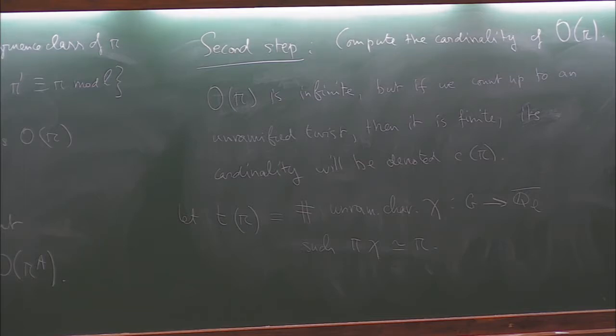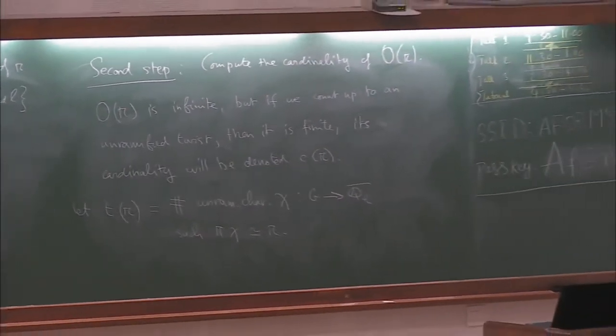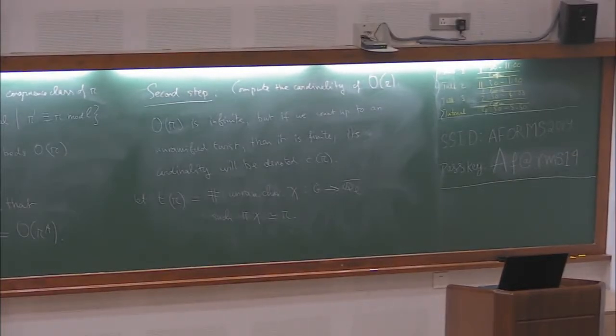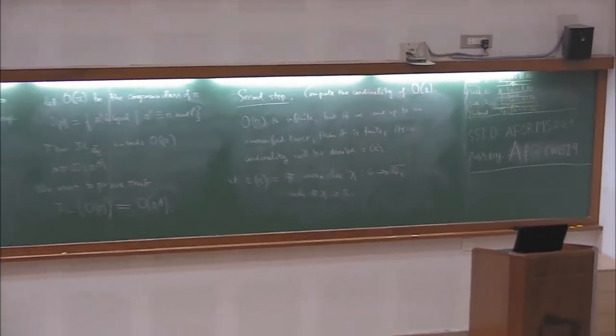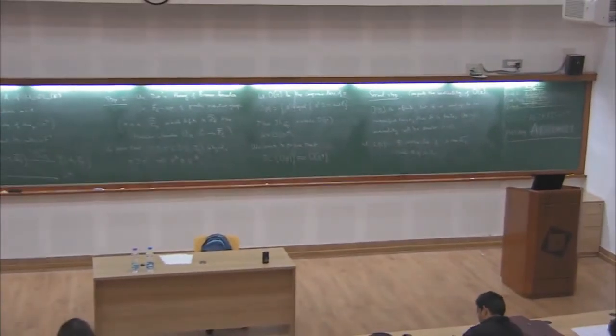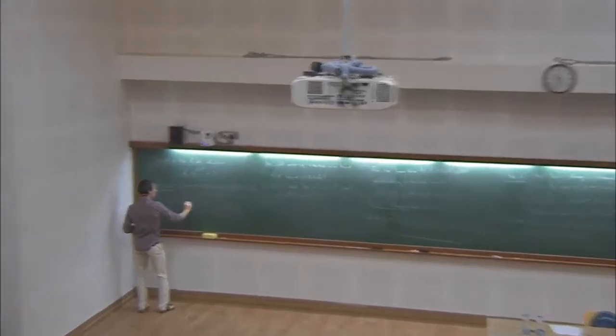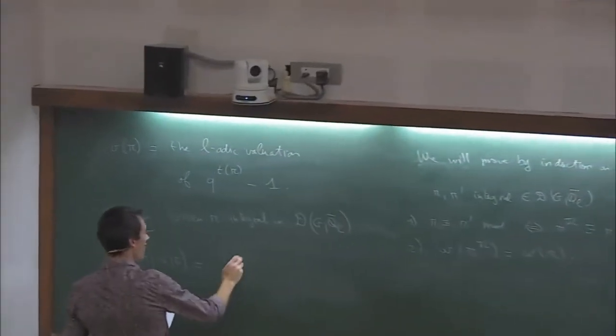So we have the following theorem. Given pi integral in D G L bar, the three invariants I have introduced satisfy the following relation. C of pi W of pi is equal to, so there are three cases.